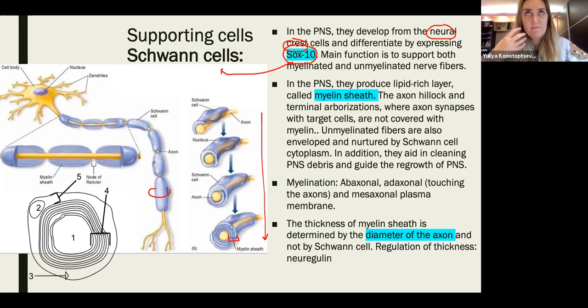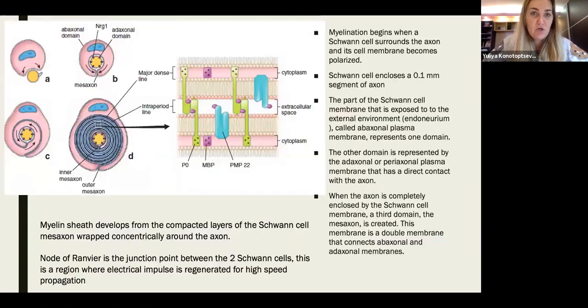It is the entire Schwann cell itself that is just wrapping around the axon. There are different domains that we need to talk about, so that's for the next picture. You can see that this is the axon itself, and this is the Schwann cell. At first, the Schwann cell starts to wrap itself around the axon, and as a result, we can see three domains.